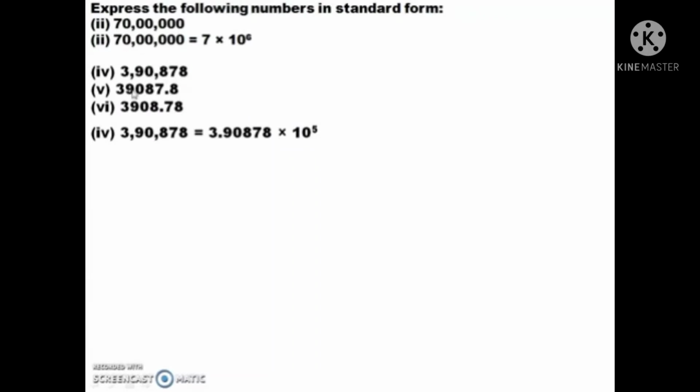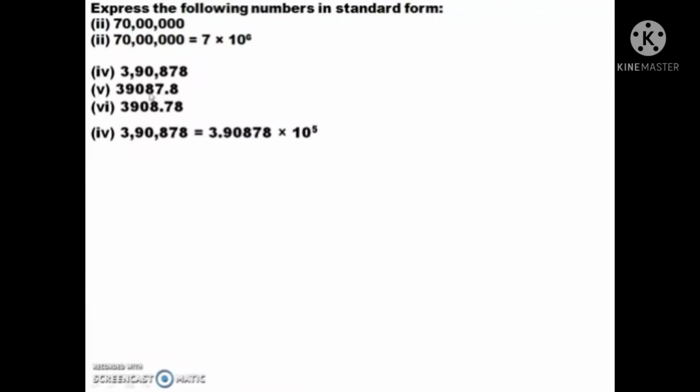Okay. Now let's read the third one: 39,087.8. Now what you have to do is, you have a decimal point in the question, isn't it? So, you should not count the numbers after the decimal point.